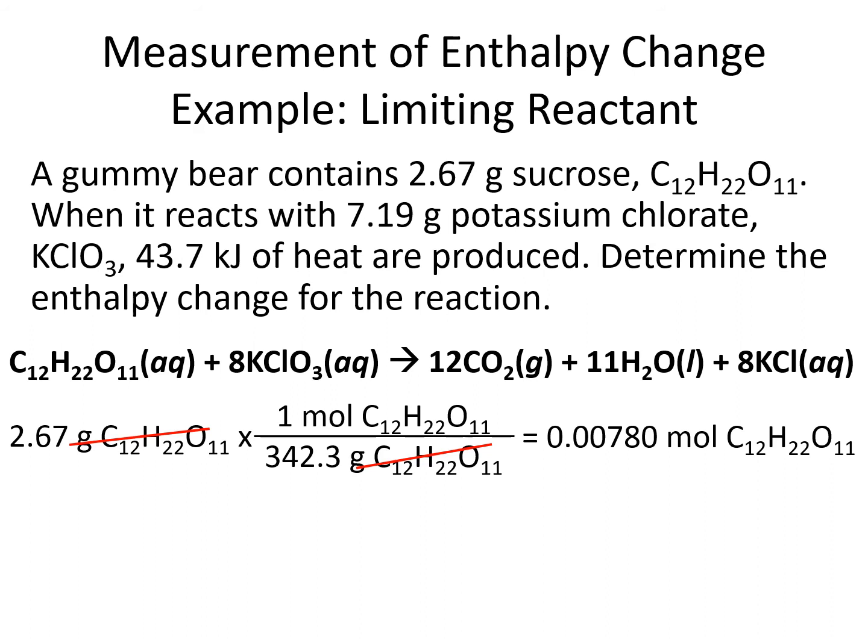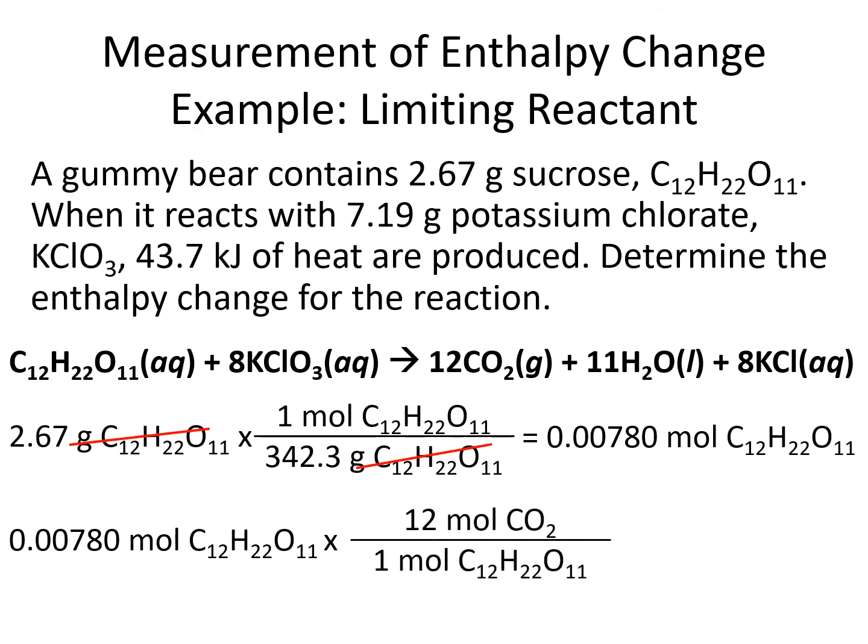We'll arbitrarily choose CO2. To find moles of CO2, we use a stoichiometric factor based on our balanced chemical equation. There's a 12 next to the CO2, and there's an understood 1 next to the sucrose. We're multiplying by 12, and that gives us 0.0936 moles of CO2.